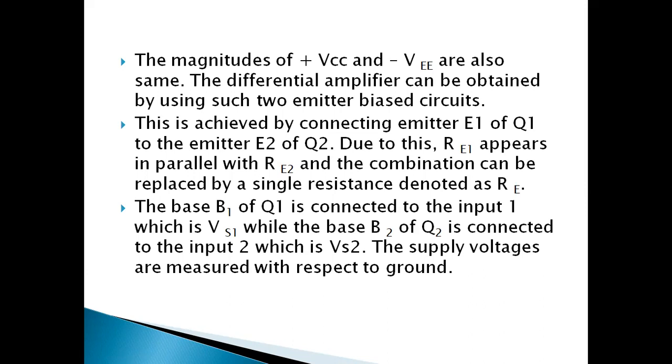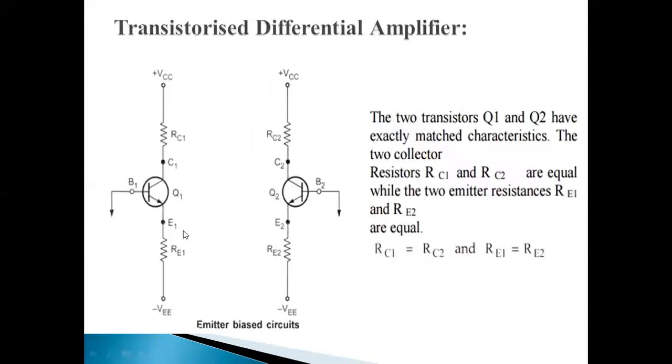If you connect these two emitter terminals, the parallel combination of Re1 and Re2 is taken as one resistance only, that is Re.